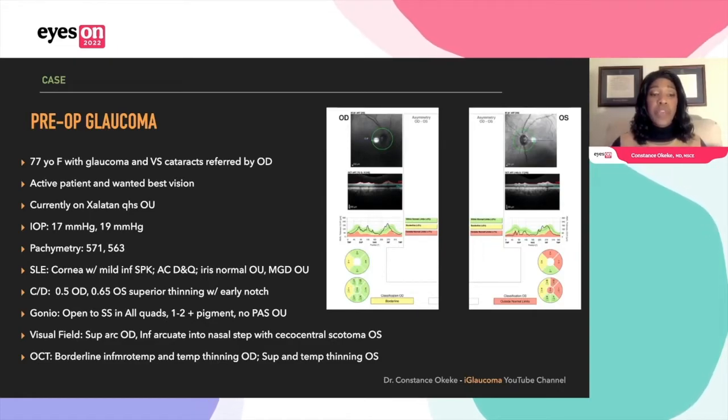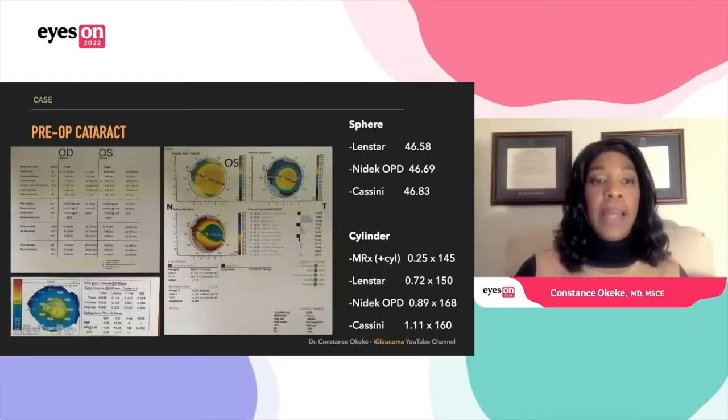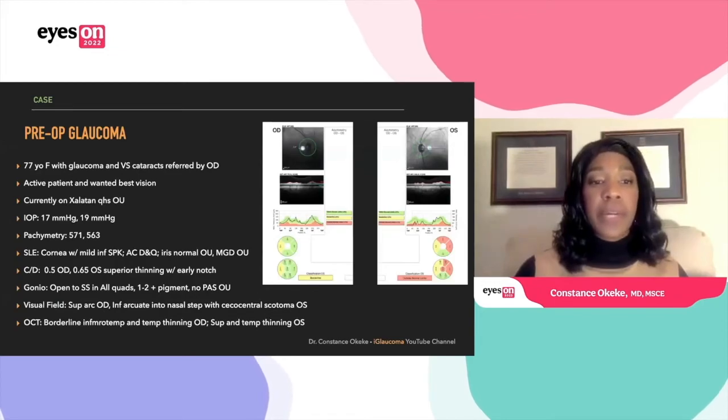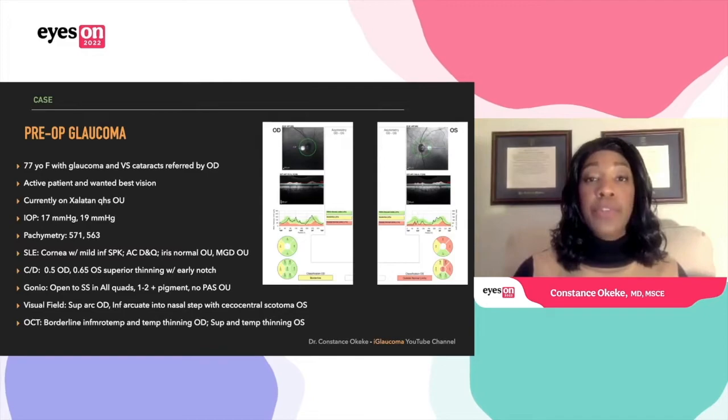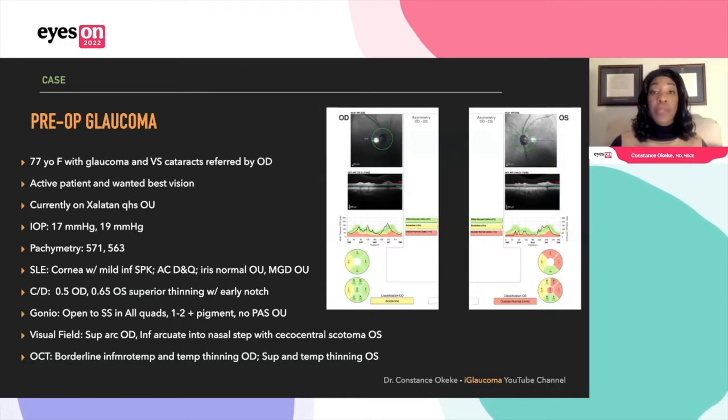On her OCT, she had borderline inferotemporal and temporal thinning as seen here, and in the left eye, superotemporal and temporal thinning. I don't think I mentioned that on her exam, in terms of her cataract, she had a 2 to 3 plus nuclear sclerotic cataract with 3 plus cortical spoking and about 1 to 2 plus PSC.